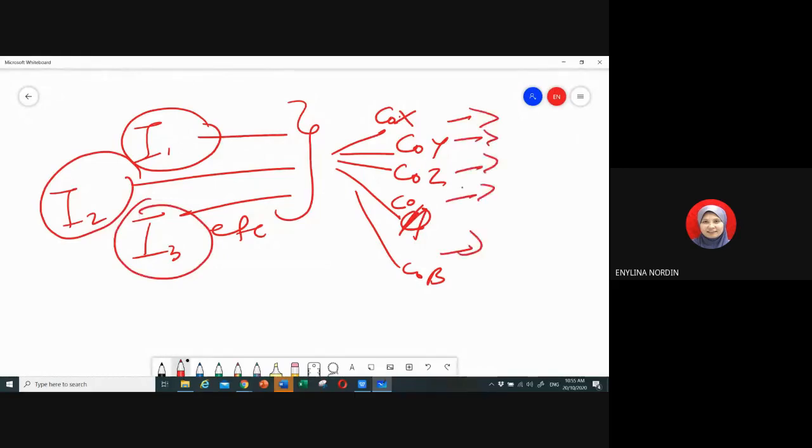So if investor 1 studies company X, definitely he will refer to the annual report, go to the newspaper, and study information about company X on the internet.